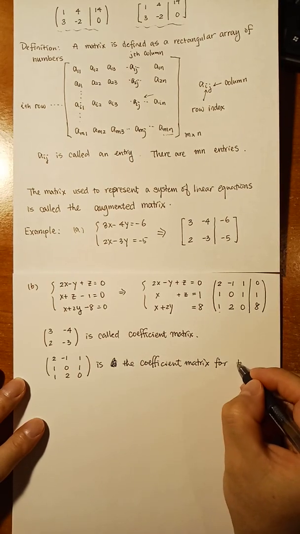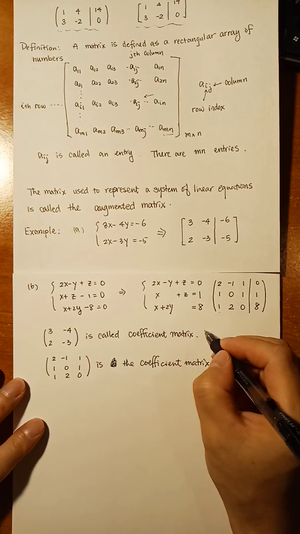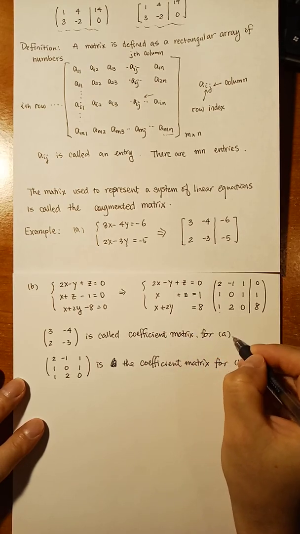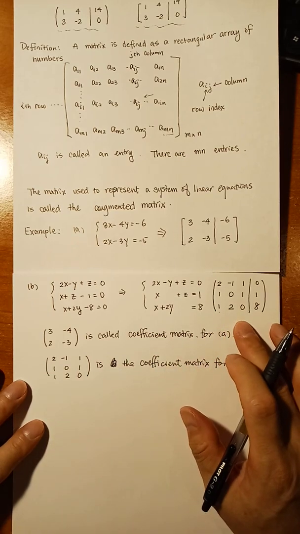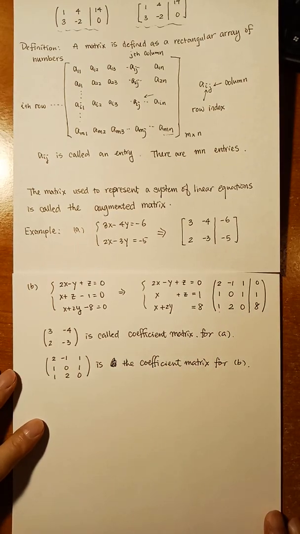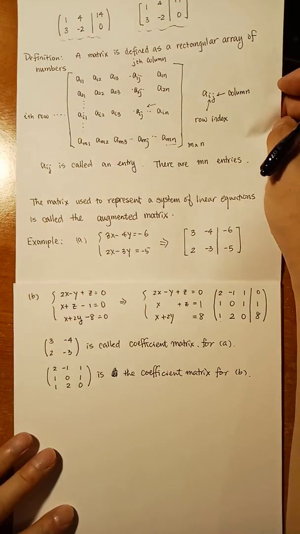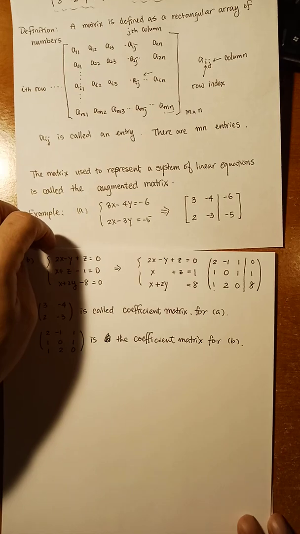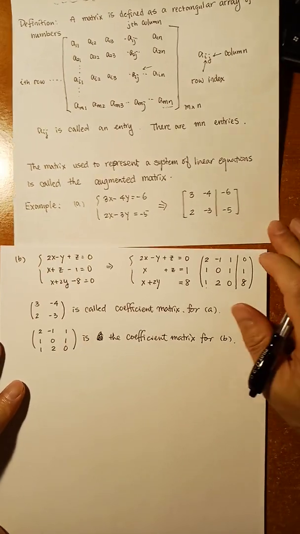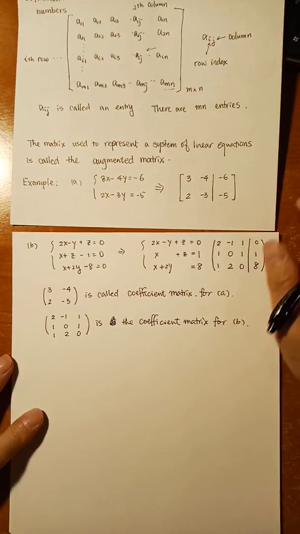For part B, this is the coefficient matrix for part A. Okay, so the coefficient matrix is a part of the augmented matrix. The augmented matrix contains all the information. The coefficient matrix only contains the information of the variables.